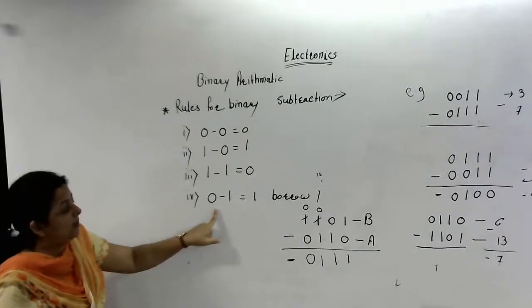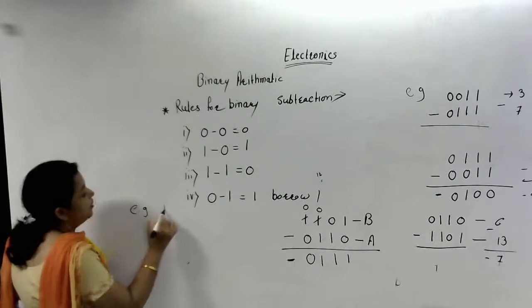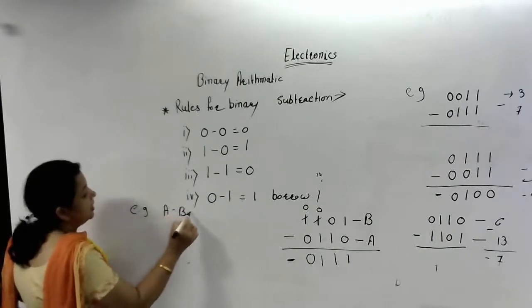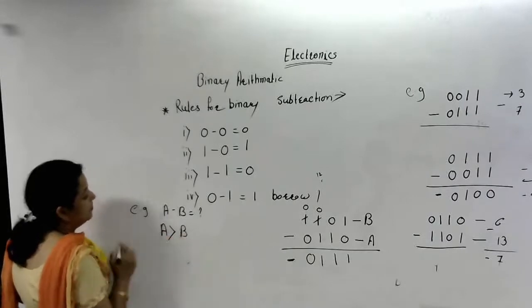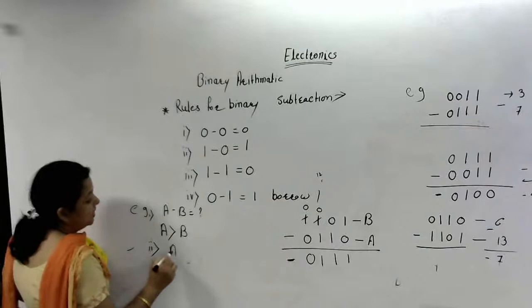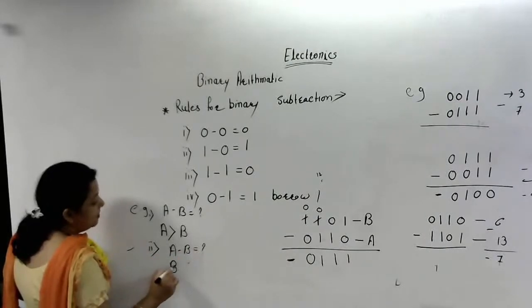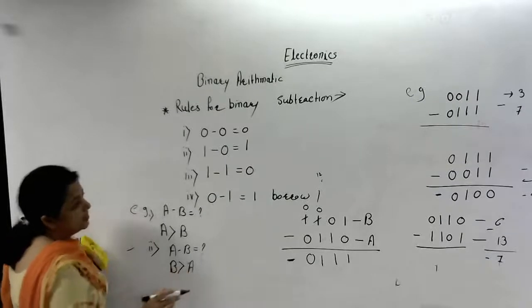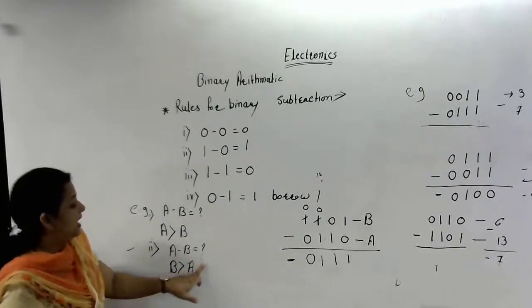Explain with examples means in first example you have to consider A minus B equal to what? At that time A is greater than B, and for second any example in A minus B equal to what? You have to consider B greater than A. म्हणजे ह्या दोनही प्रकारचे एक्झाम्पल्स तुम्ही करून दाखवायचे आहेत.